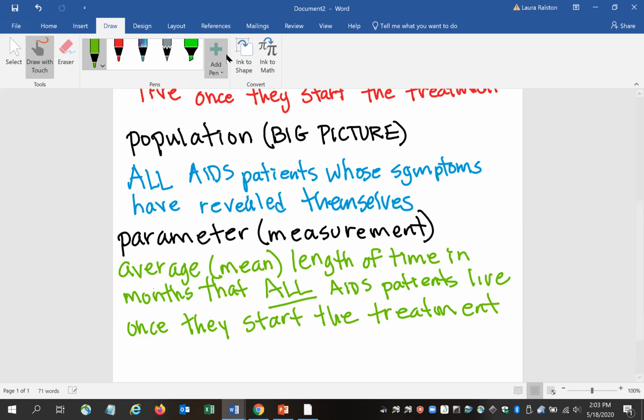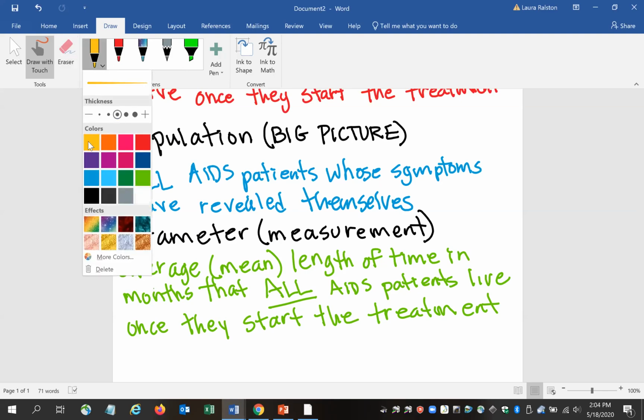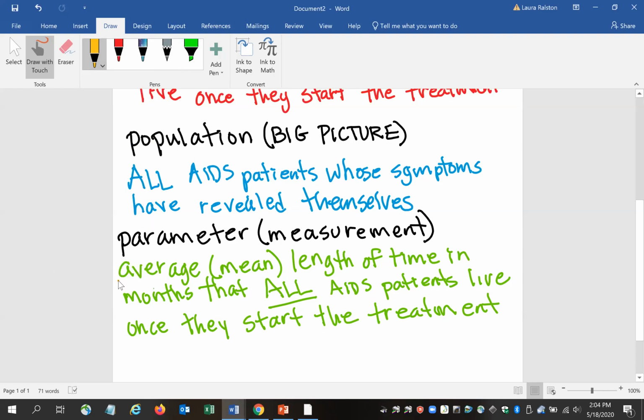Again, putting in that phrase, all AIDS patients, lets me know that that measurement connects back to the population. So notice the phrasing, there's kind of a pattern here, guys. You have to indicate the measurement, you indicate the variable, and that it's for the population.